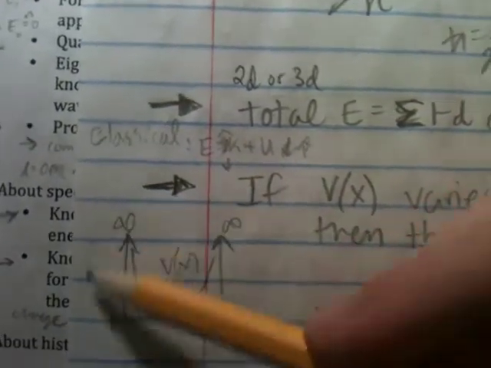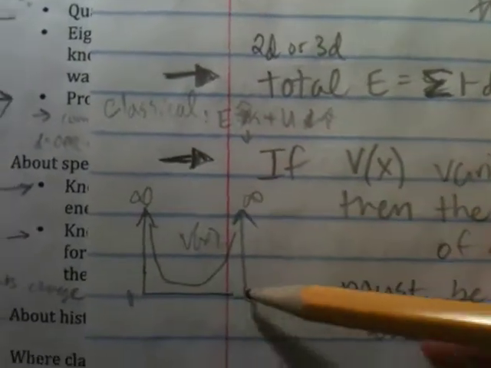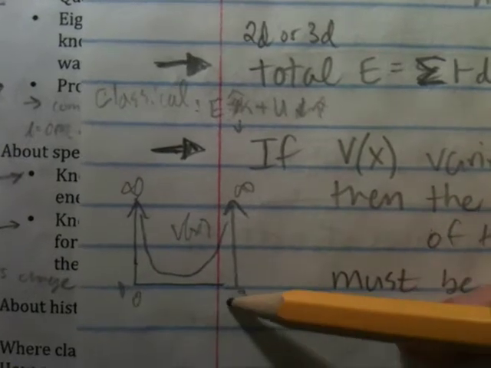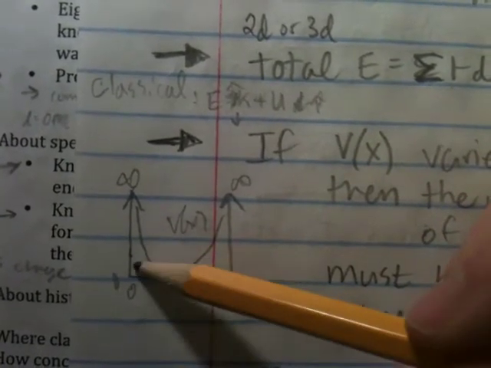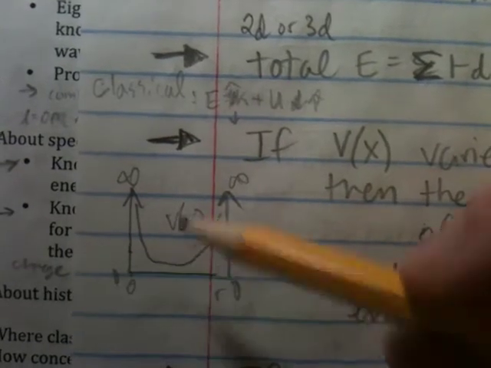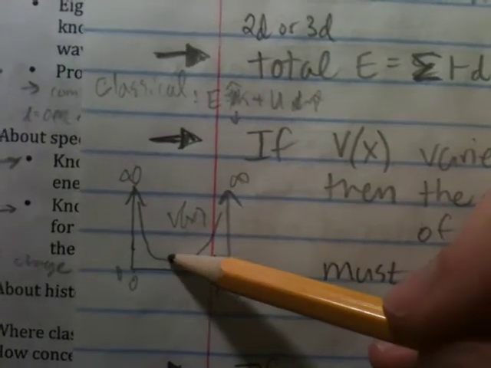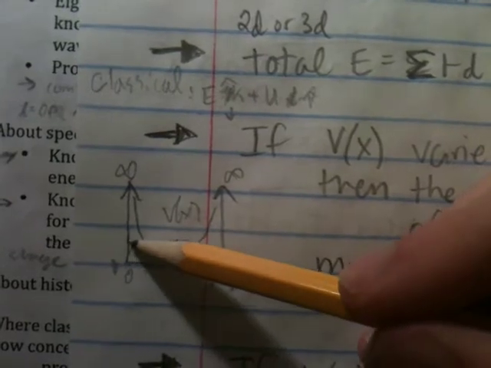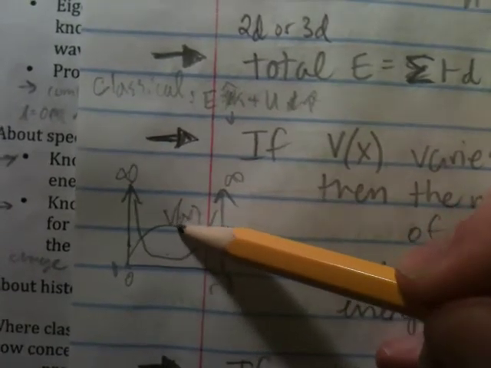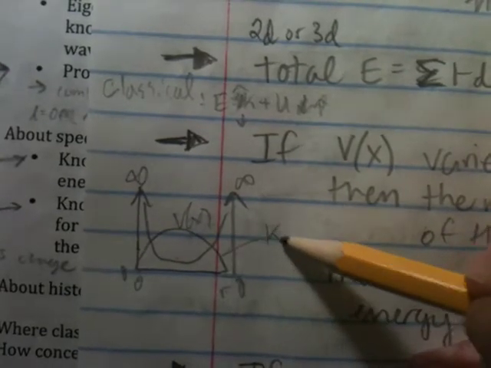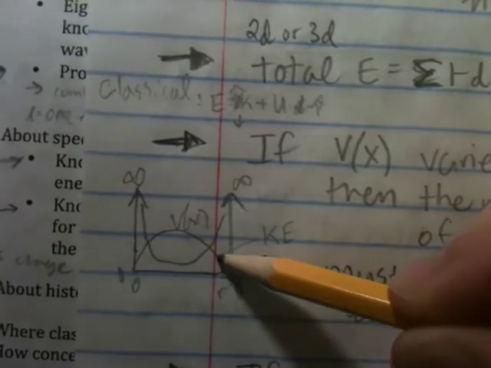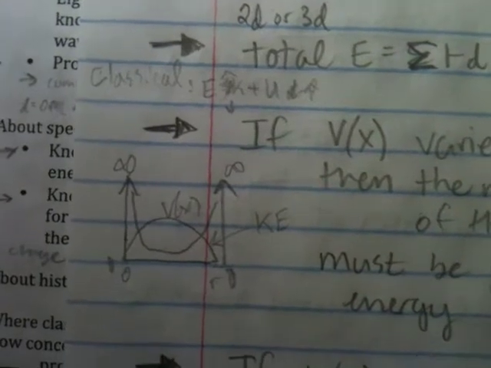So here where there's maximum potential at these ends, from 0 to length r of this box, there's going to be 0 kinetic here and here. And where there's a minimum of potential, there's going to be a maximum kinetic. So let's draw that now. Like that.